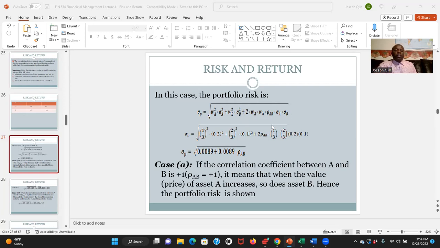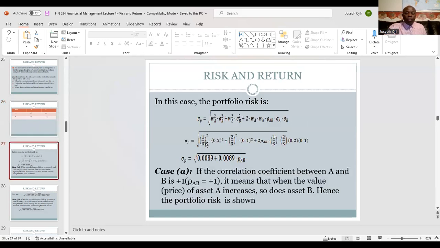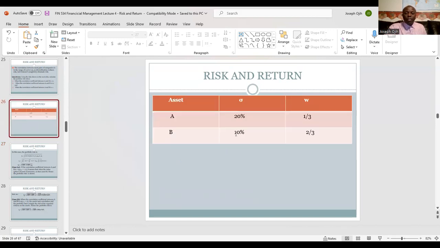We are given that for asset A, the standard deviation is 20%, which is 0.2, and the weight is 1/3. So we're going to put it here: 1/3 squared times 0.2 squared, plus for asset B, the standard deviation is 10% and the weight is 2/3.